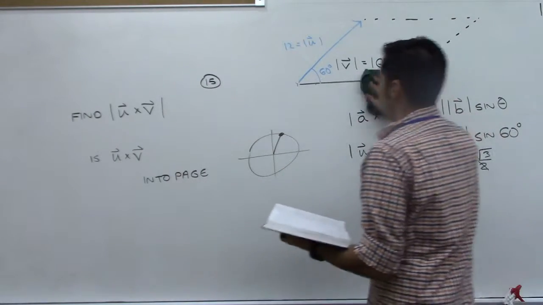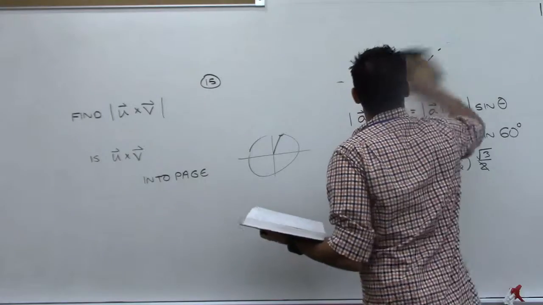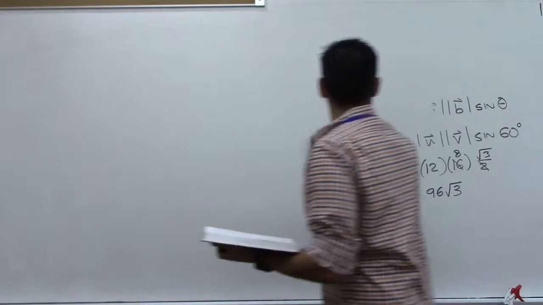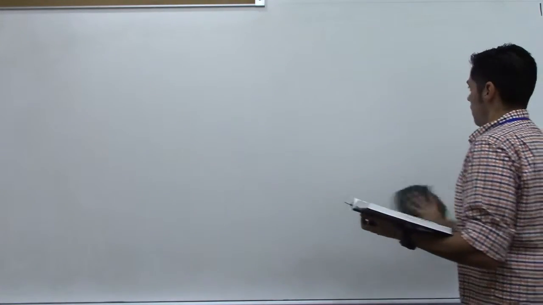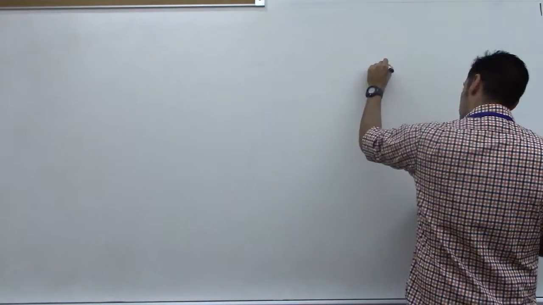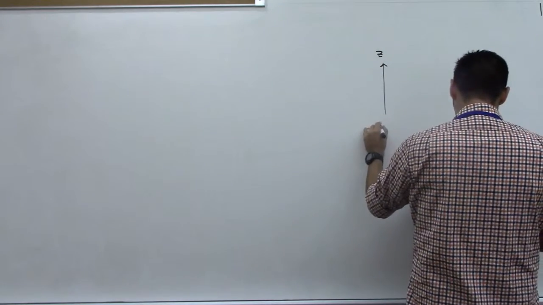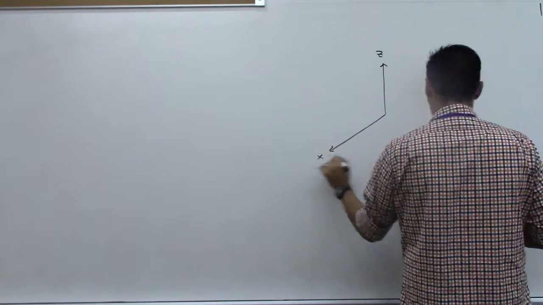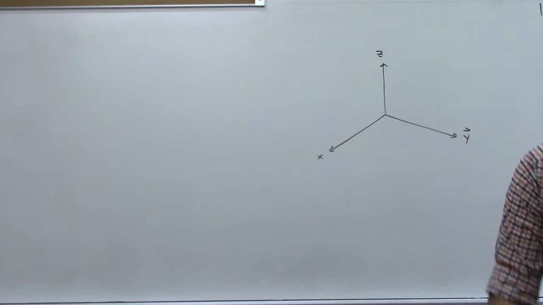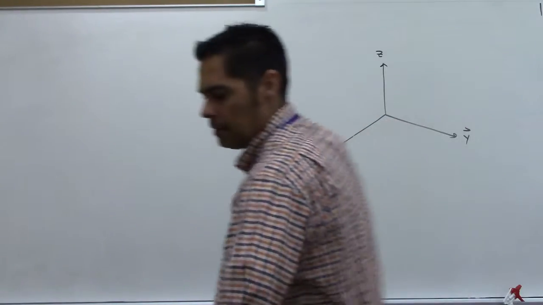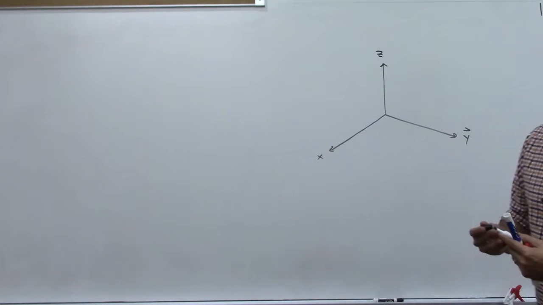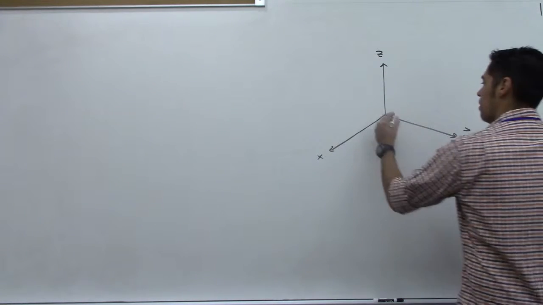All right, so 16 is a picture that I'm going to have to draw here. Here's what they have drawn: Z, X, Y. They have a vector A and a vector B. A is coming out this way, it looks like.